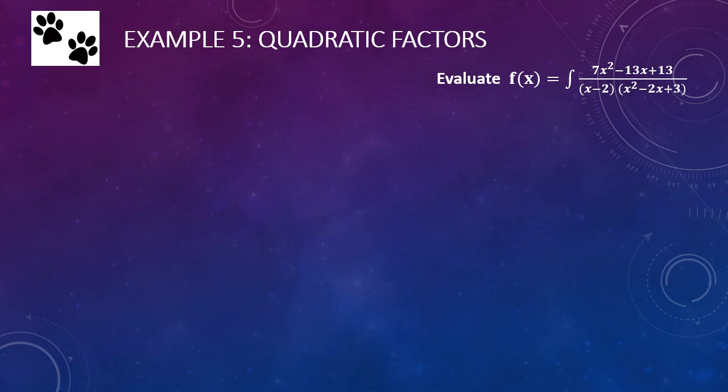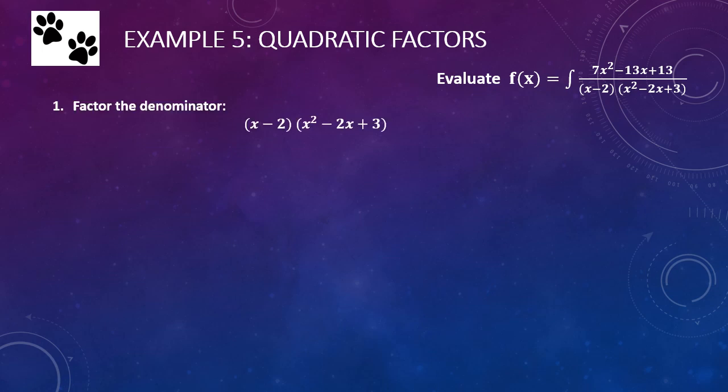Evaluate f of x equals the integral of 7x squared minus 13x plus 13 all over x minus 2 times the quantity x squared minus 2x plus 3 dx.